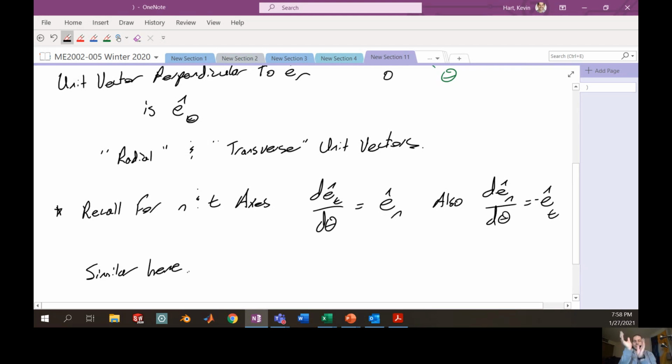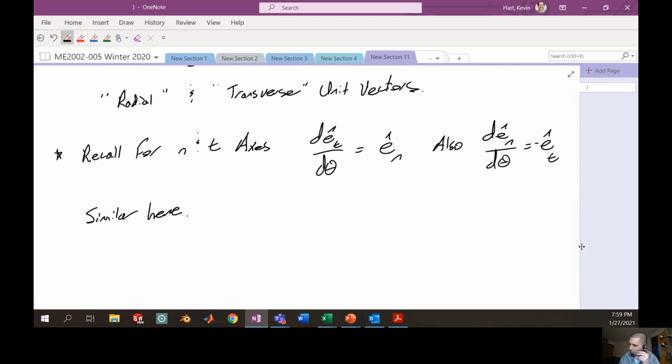We have a very similar idea here. If our tangential and radial coordinate system is riding along our particle, and we're thinking about the angle theta that is swept out as this particle moves from one location to another, just like we had for the n and t axes, we're going to have a similar looking relationship between the angular derivatives of these unit vectors in our polar coordinates.